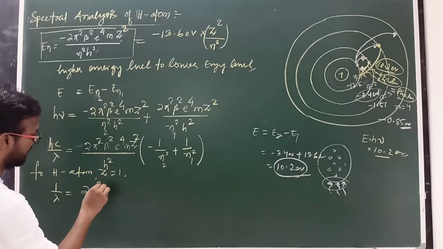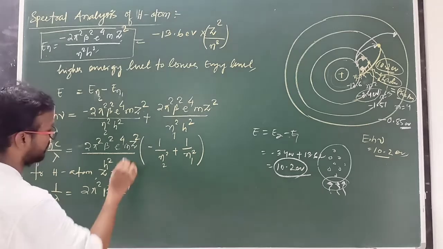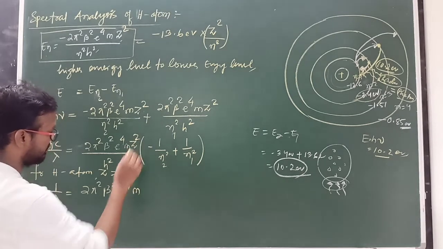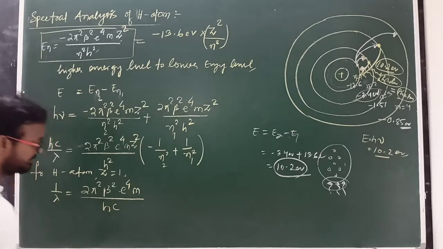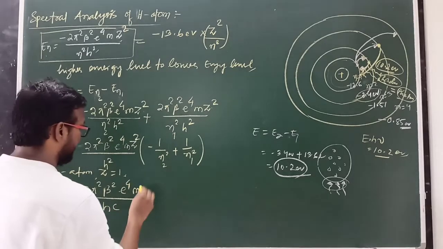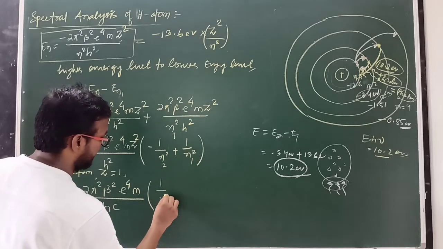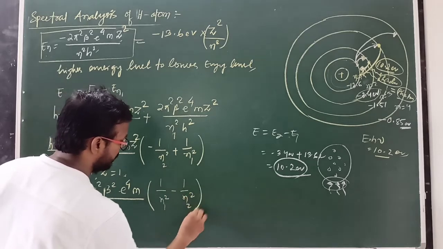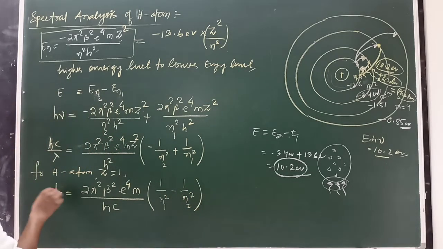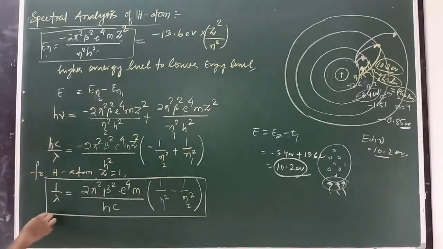So 2 pi square beta square e to the power 4 m, with z square equal to 1, divided by hc, into 1 by n1 square minus 1 by n2 square. Clear? So this is the general relation for calculation of the wavelength of light or wavelength of spectra.